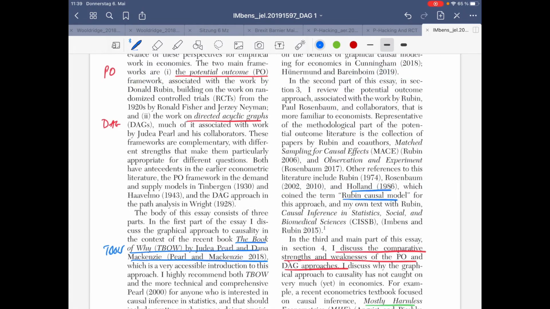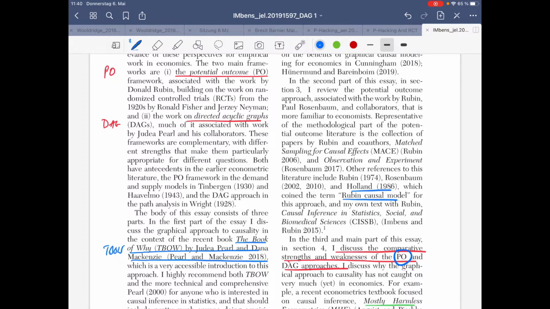So in this paper, as already mentioned, the potential outcome approach, which has been highlighted by Rubin, is associated with the Rubin causal model. Rubin is a Harvard economist. And the DAG approach, which is mainly promoted by Pearl, is discussed in comparison.